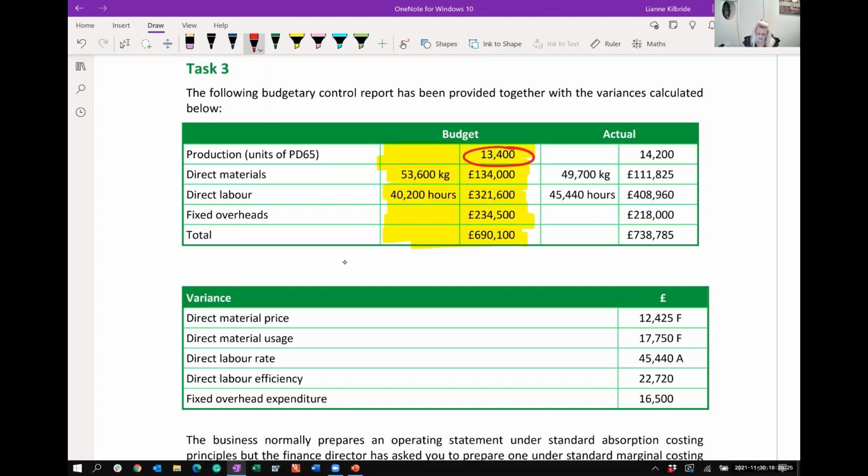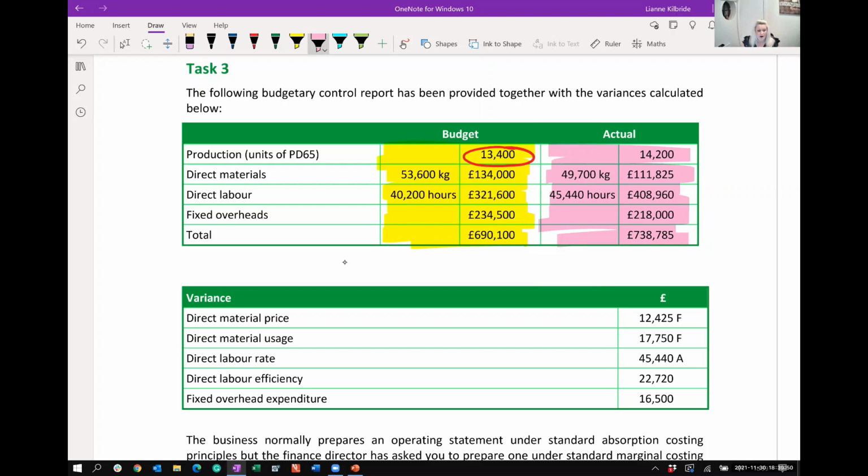That's how many units we wanted to produce. However, when our actual results came through, we actually produced 14,200 units, and it tells us that we've had a decrease in the usage in terms of how many kilograms we wanted to use, irrespective of the units produced at this moment in time.